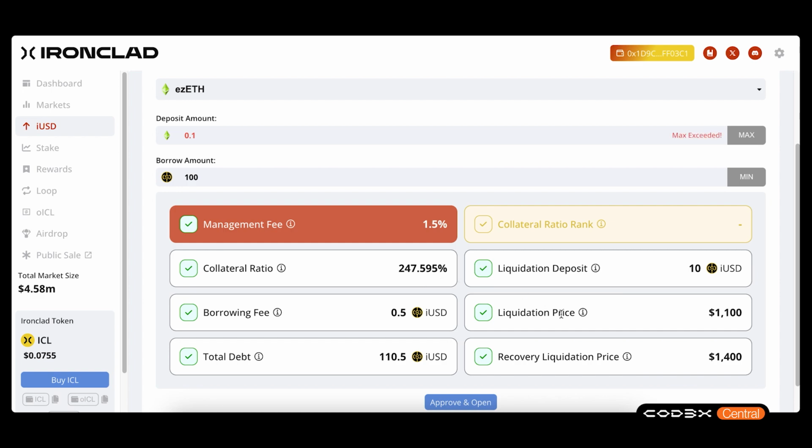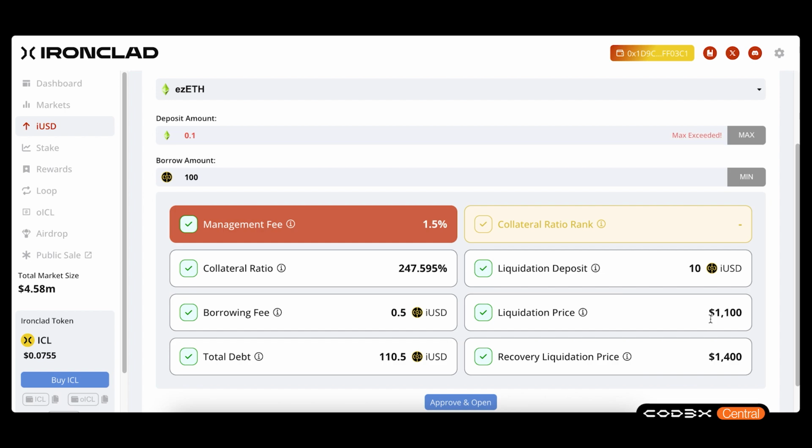And this number informs the liquidation price. So this liquidation price here is telling me that if Easy ETH goes down to $1,100, I will get liquidated, meaning my position will no longer be collateralized enough and my collateral will be sold and the IUSD will be burned from the stability pool, which facilitates liquidation.